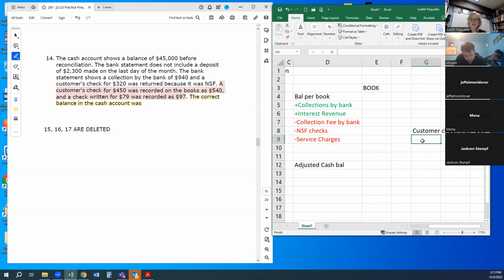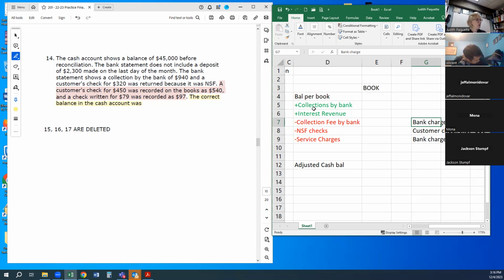All right. Service charges, the bank charges the service charges, and it's just another bank fee. So it's a bank charge. Collection fee by the bank. Same deal. The collection fee is another bank charge. Okay. Bank charge. Okay. So banks can have charges as a deduction.